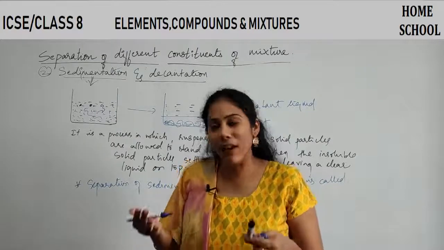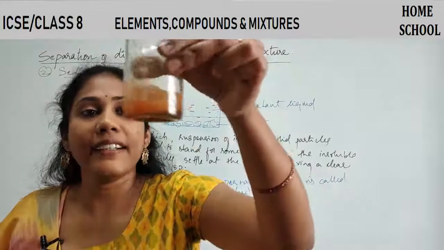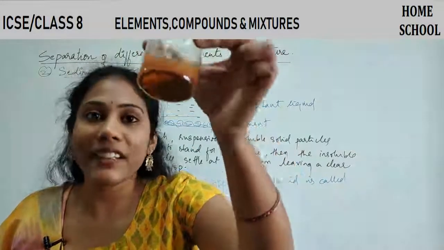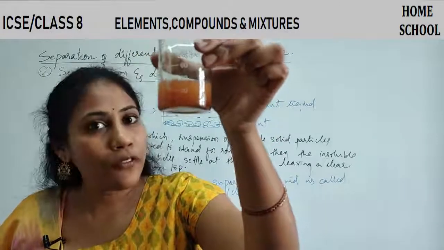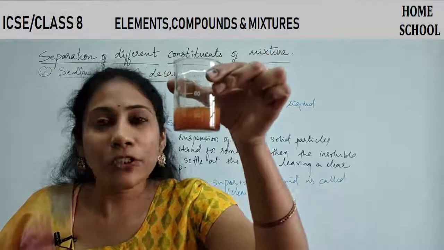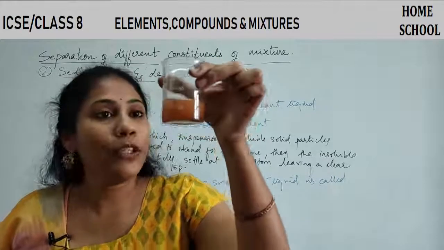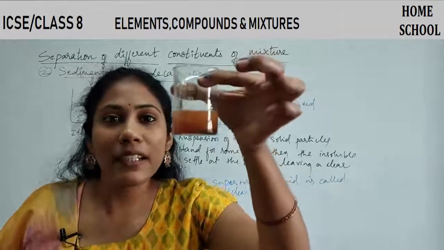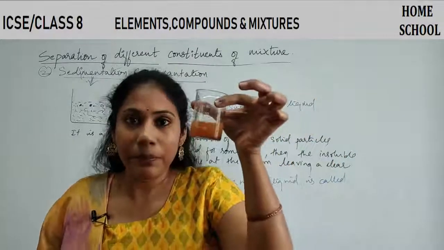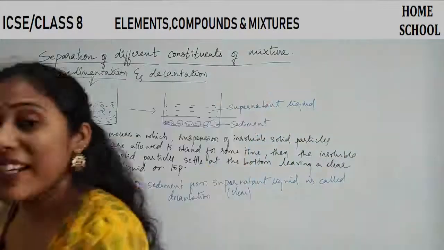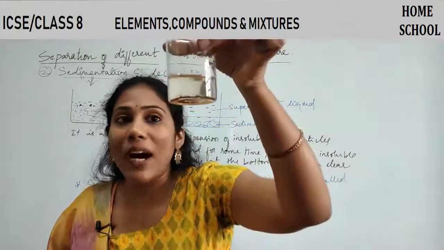Say for example, one simple activity I will show you. This is all that sand, mud and clay water. Here I want to separate the water from all these insoluble solid particles, right? So I will keep this beaker in one corner for a long time. When I kept that beaker for a long time, this is how I get it.